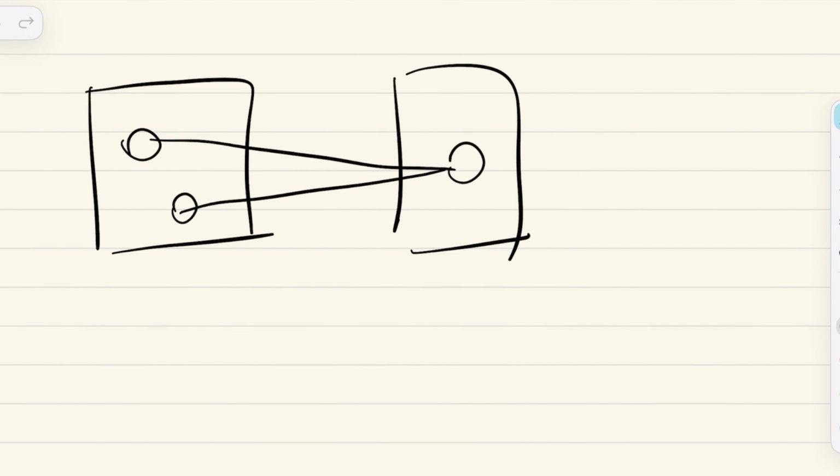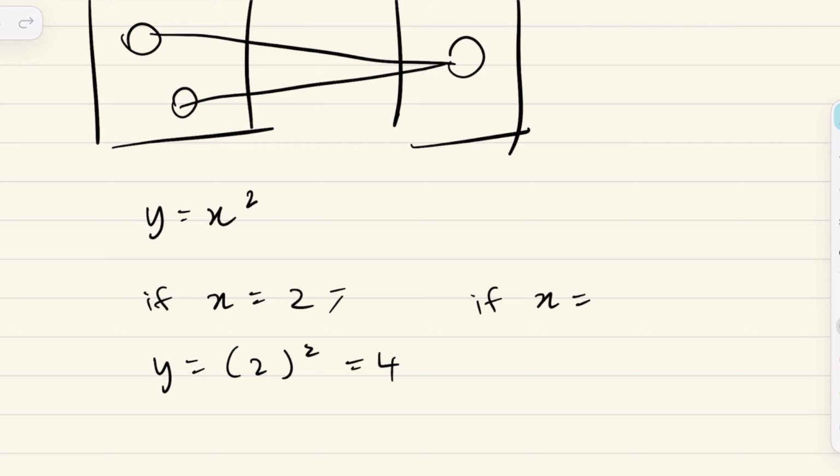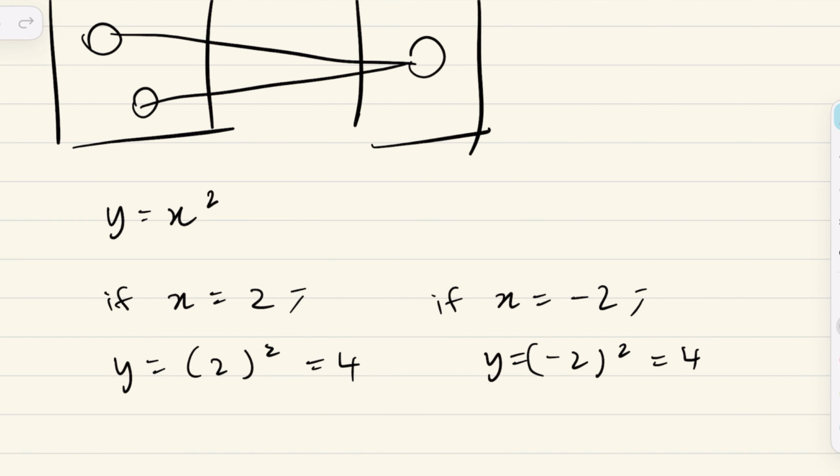Let's take the example y equals x squared, where again, y is the output and x is the input. If x is equal to 2, y is equal to 2 squared, which gives us 4. And if x is equal to -2, y is equal to (-2) squared, which also gives us 4. So we have one output, 4, with two inputs, 2 and -2.